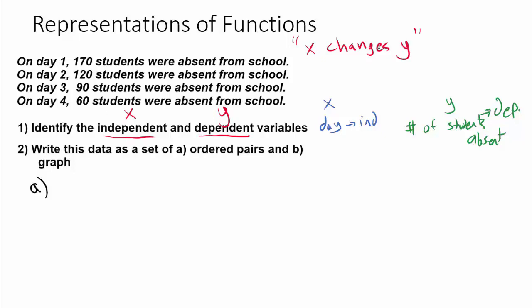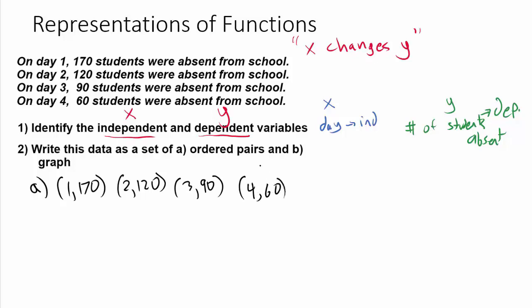It's important for us to make sure we put this in the right order. To do that, remember that the x, or the day, should always come first, and since we identified y to be the number of students absent, that should always come second. It just happens by happenstance that they are going to be in this exact same order that they have them in the problem. So to write them as ordered pairs, I'm just going to list out all of our different ordered pairs here.